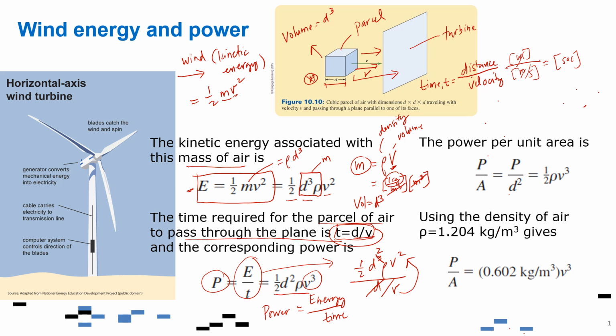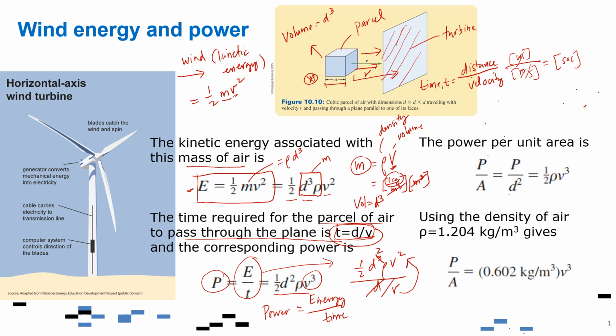Now, let's look at it as power per unit area. If you look at the figure, this is an area here, so we can represent it as power per unit area.